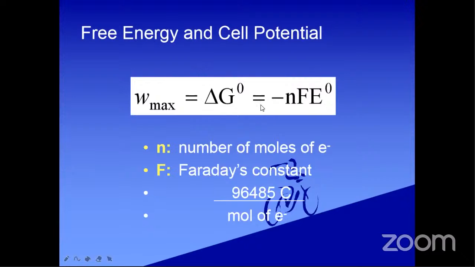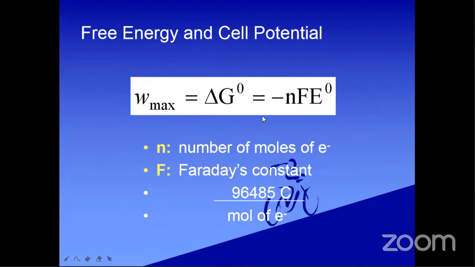This is the relationship between the free energy as well as cell potential. This equation is a bridge equation between thermodynamics as well as electrochemistry. E belongs to electrochemistry and delta G belongs to thermodynamics.